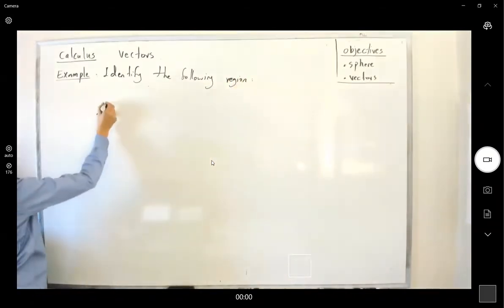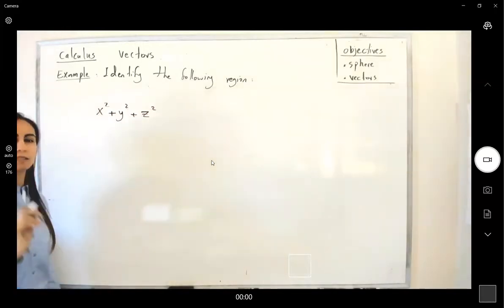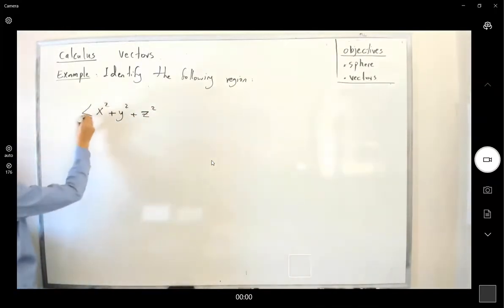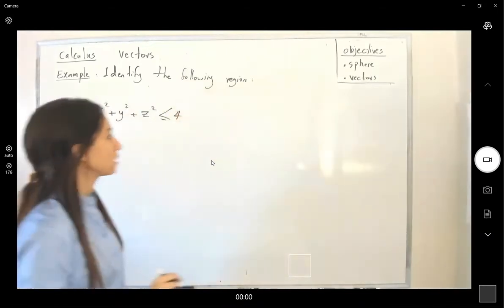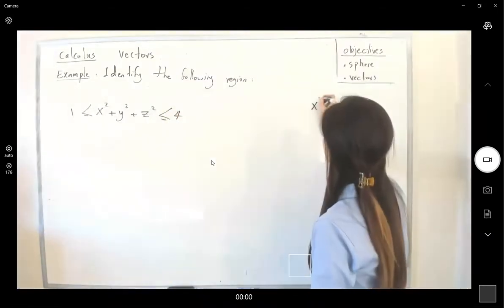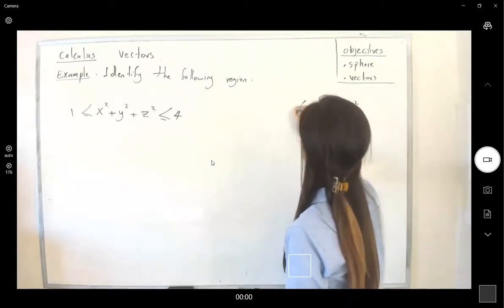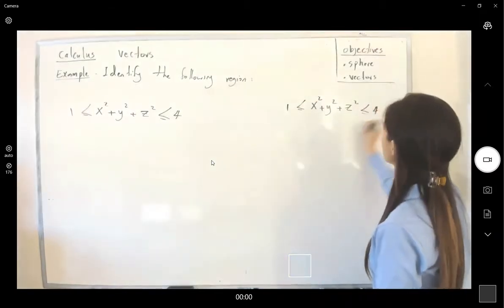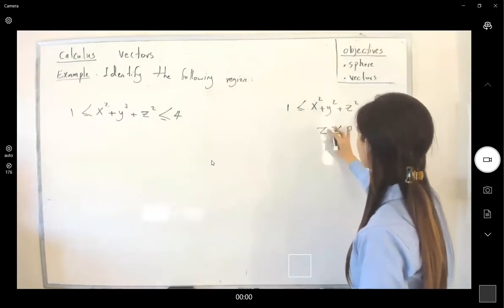So they have x squared plus y squared plus z squared sandwiched between 1 and 4, and it has an additional condition that z is less than or equal to 0 as well.